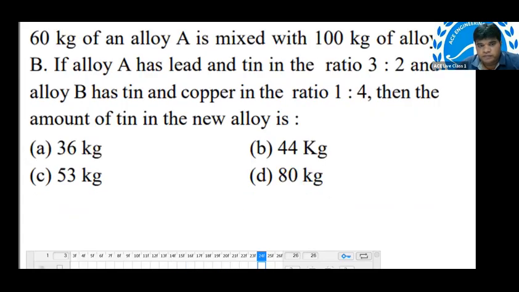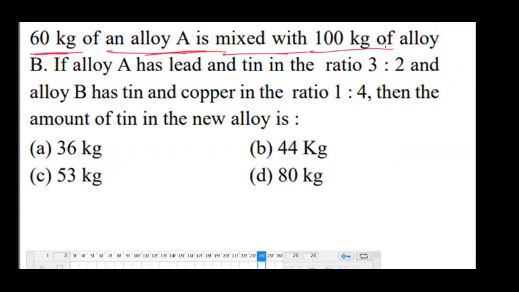Try to solve this problem. 60 kg of an alloy A is mixed with 100 kg of the alloy B. So 60 mixed with 100 means total how many kg? 160.